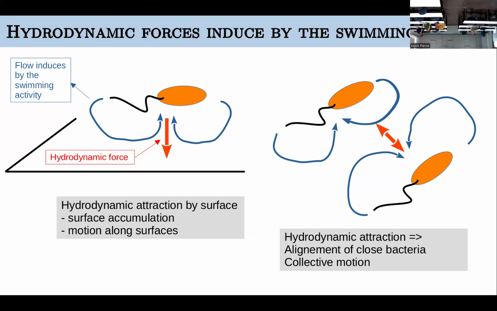This has consequences, as you will see. Also, when you have two bacteria and they start to be close to each other, because of this hydrodynamic effect, they will start to swim in the same direction. This will have an important effect on collective motions, and will create collective motions in the liquid.